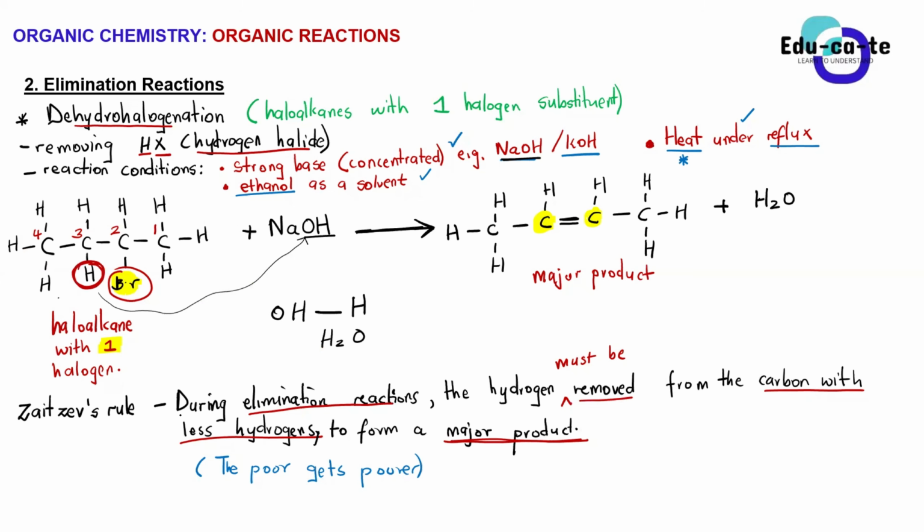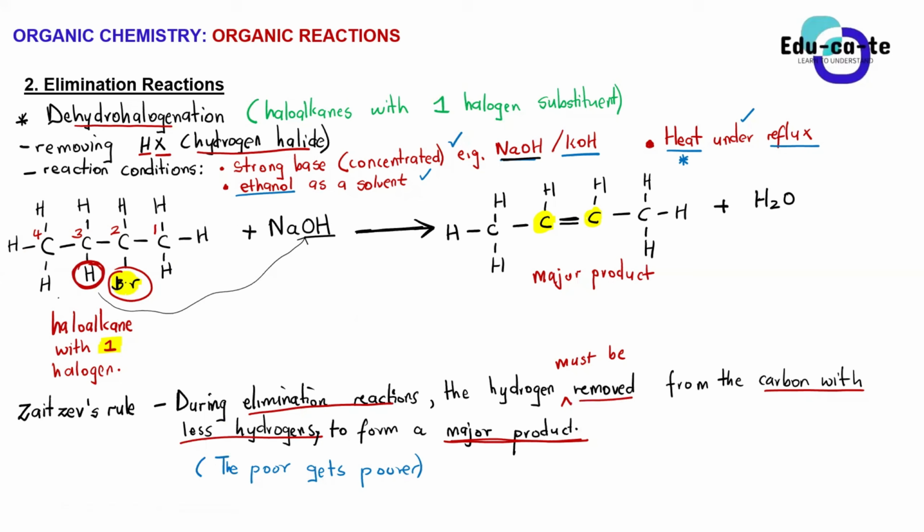So one of the products that we have during dehydrohalogenation is water, because this H joins with the OH from the sodium hydroxide. That's why we end up having H2O.